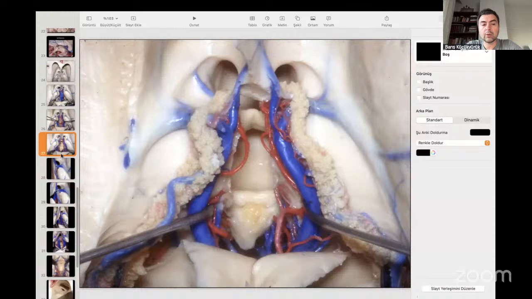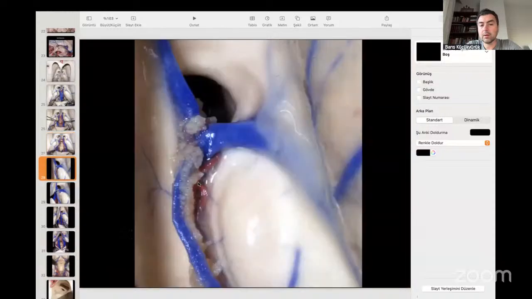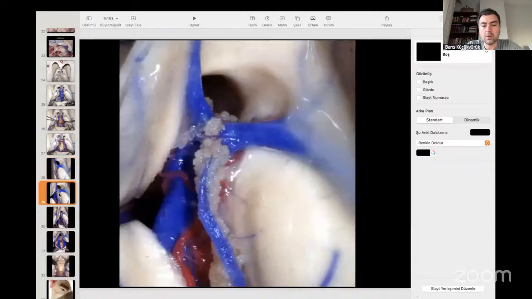From an anatomical perspective, the choroid plexus is removed here. We are in the right ventricle. Why? Because this thalamostriate vein is posterior and lateral. So this is the right lateral ventricle. There is the septal vein and the superior choroidal vein. We begin to open the choroidal fissure from the fornicial side.